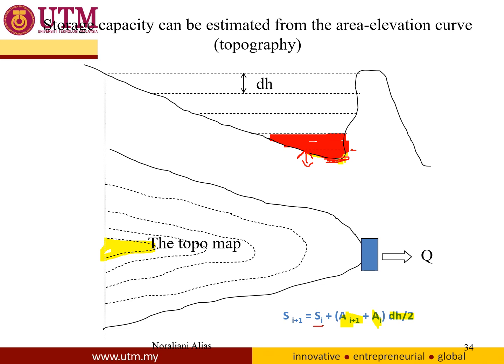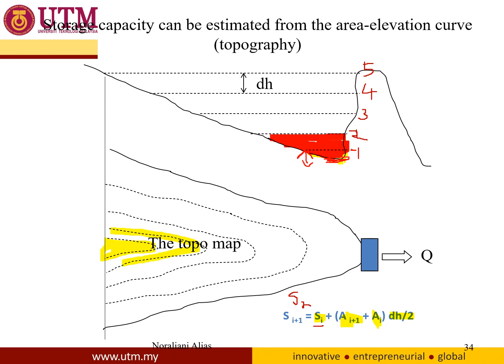So for S2, storage level number 2, S2 equals S1 plus A2 plus A1.